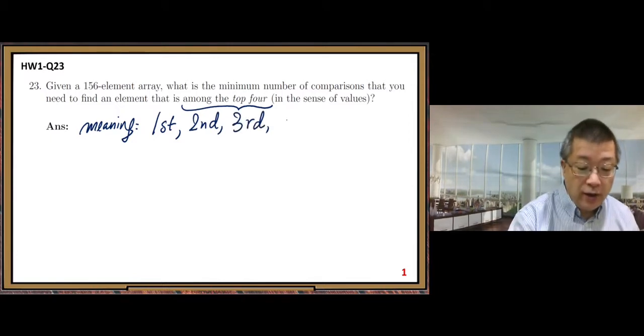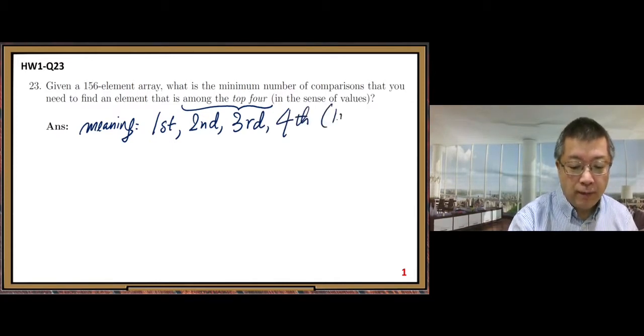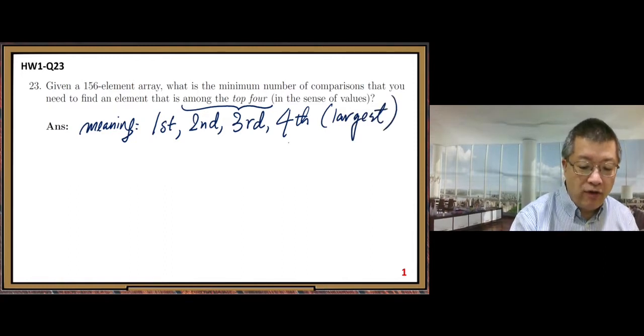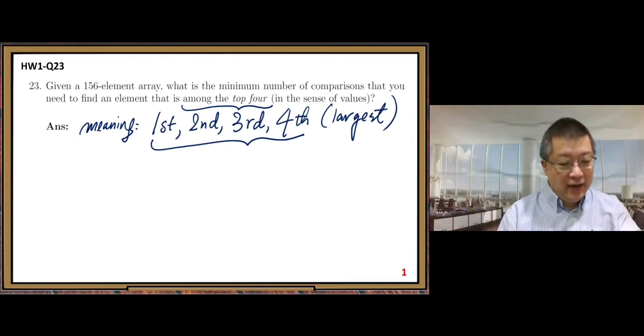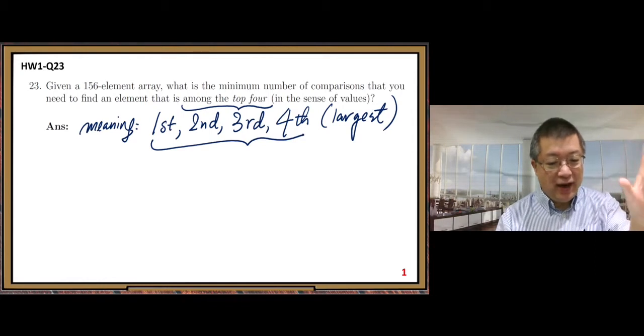Fourth largest, among top 4. So these 4 cases. That's the meaning.